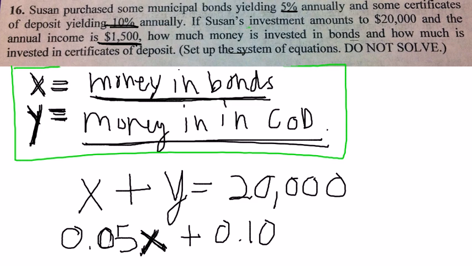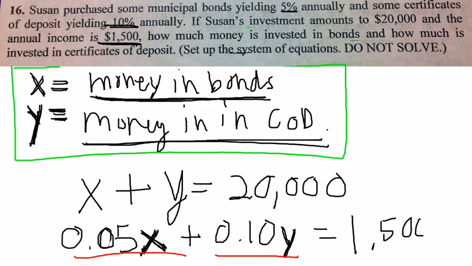How much money is invested in certificates of deposit? Y. How much do you get back? 10%. That's why we have 0.10y. 0.05x. And if you add up all the money that you invested and received back, what do you add up to? What's the only number you didn't use yet? 1,500.